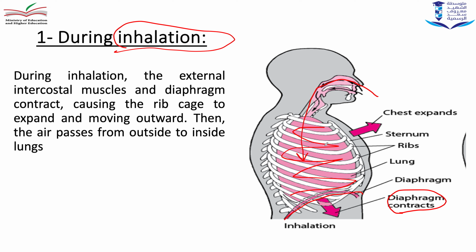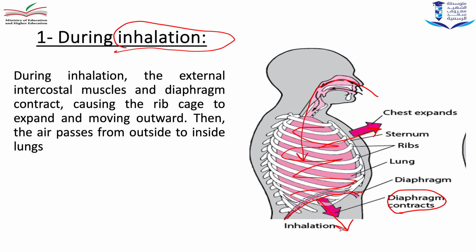So during inhalation, what happens first? The diaphragm, which is a muscle important for respiration, inhalation and exhalation, contracts. When it contracts, it moves outward, and the intercostal muscles also move outward, causing the chest to expand.